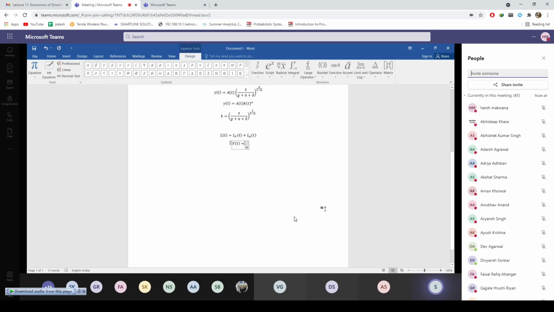Let me just write it down properly. KT to the power alpha.